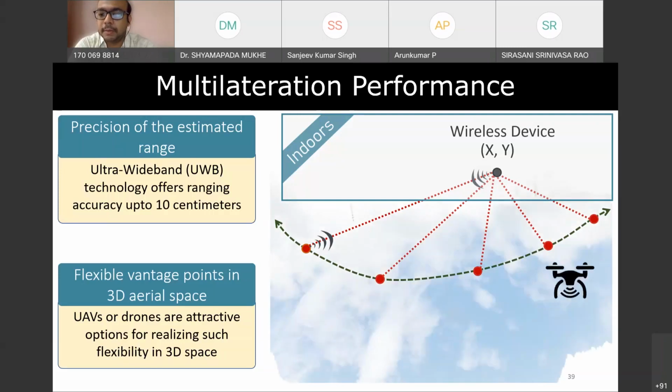The drone can actually move outside the building, and we are already using these drones, let's say, for giving communication bandwidth. So there is no other problem. The drone anyway moves here and there. So this drone can also give you these probing locations for ranging the wireless device. And the drone will have access to GPS. It's flying up in the air, so it has access to GPS. So the location coordinates of the probing spaces are known.